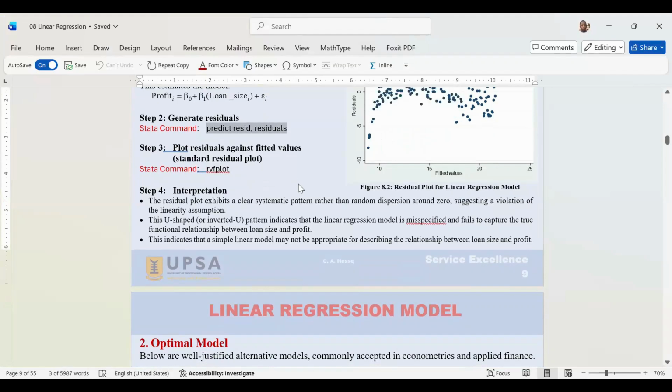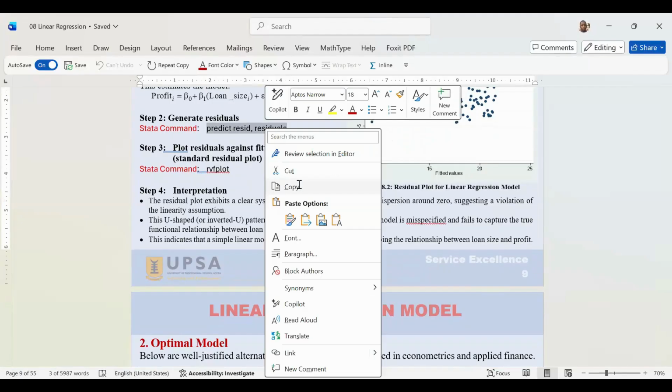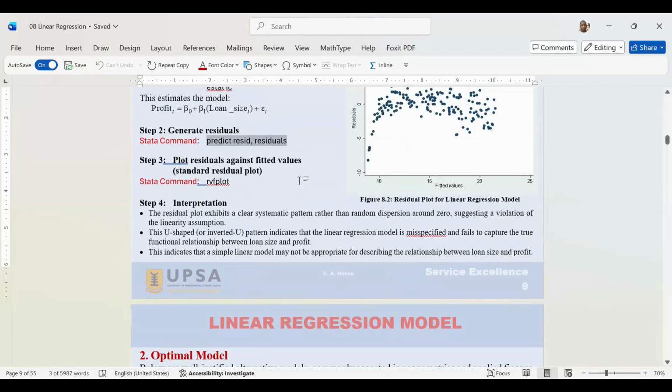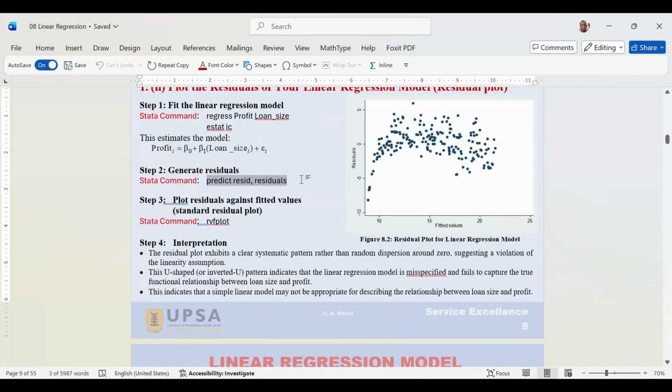Have you seen it? Can you see what I've highlighted? Yes, Doc. So copy and paste it to generate the residuals. Paste it in your Stata command.